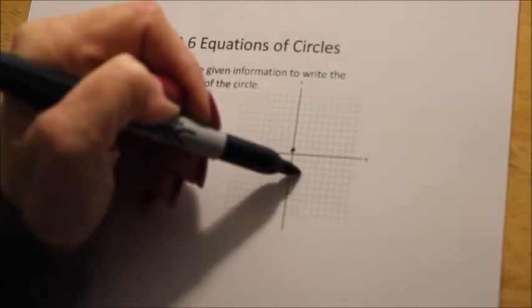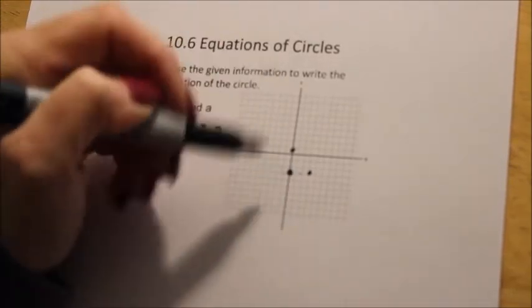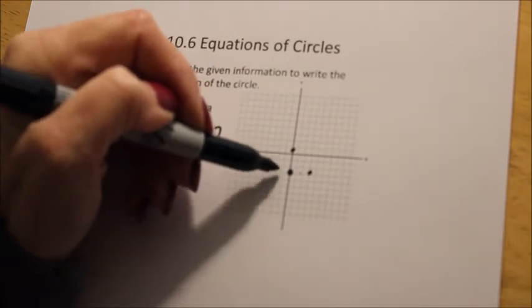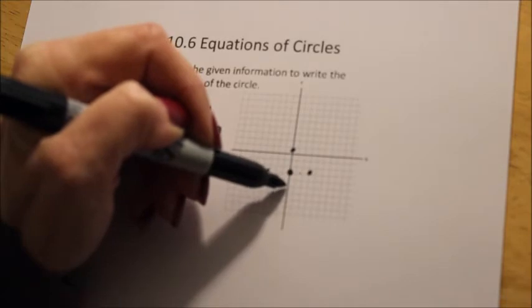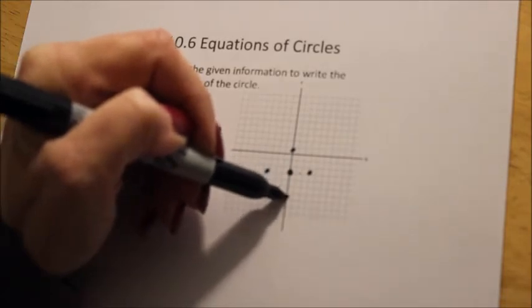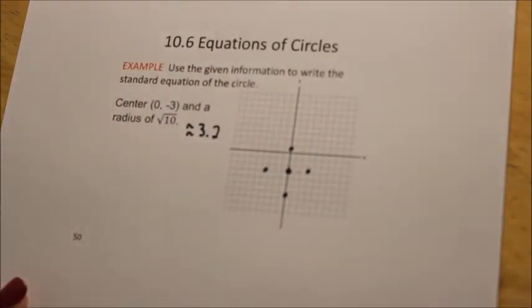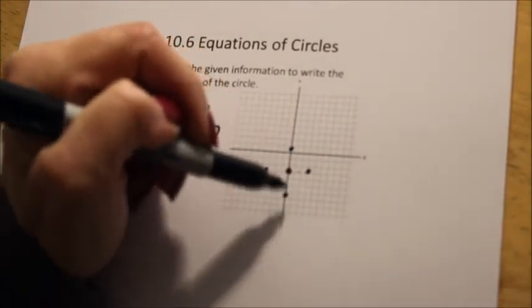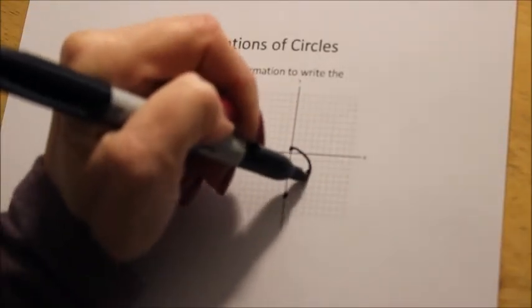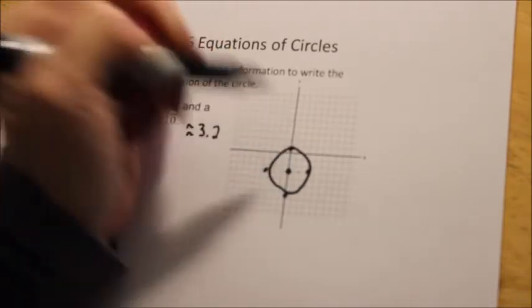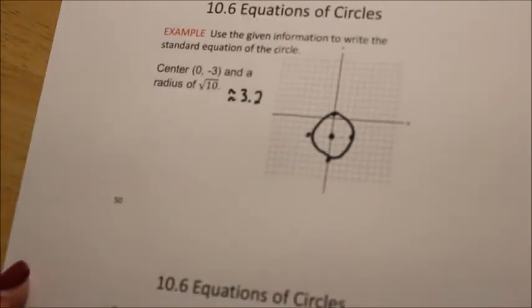Go right, 1, 2, 3, a little bit past. Down, 1, 2, 3, a little bit past. And once you have the 4 up, down, left, right, then you're just going to connect. And there's your circle. Try to hit the dots though.